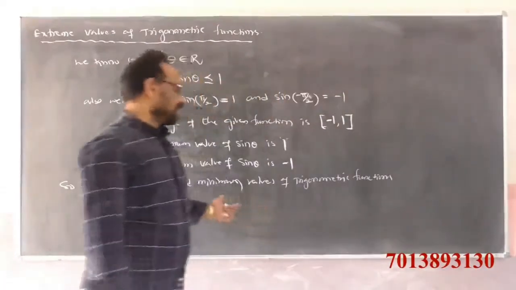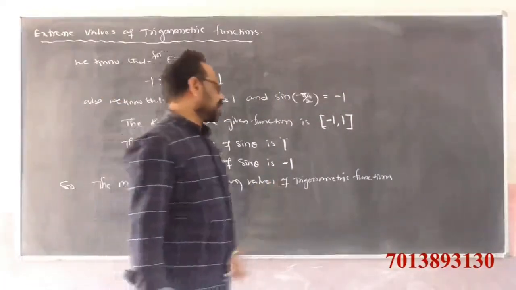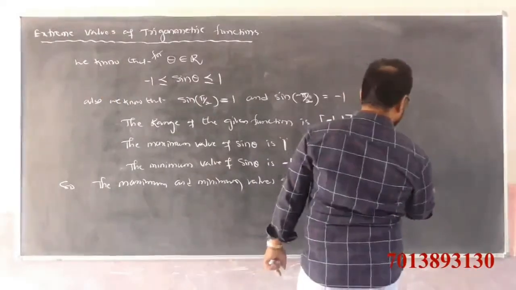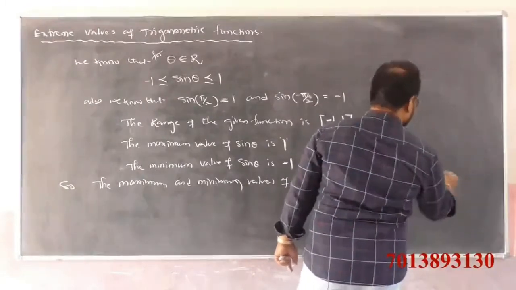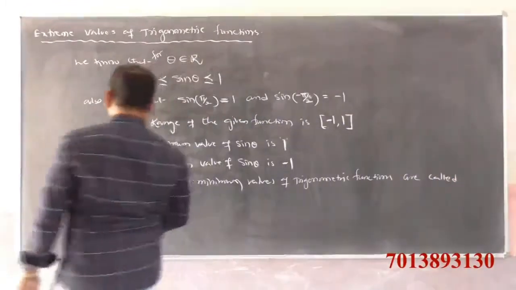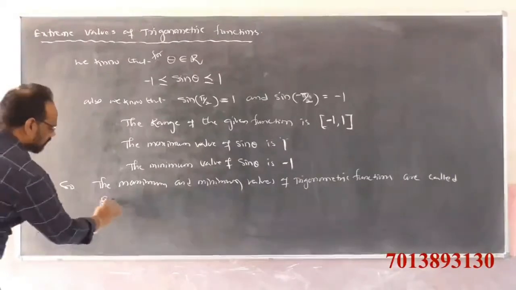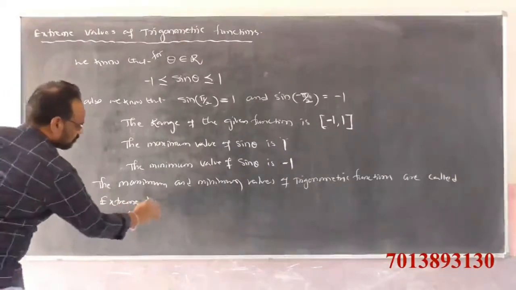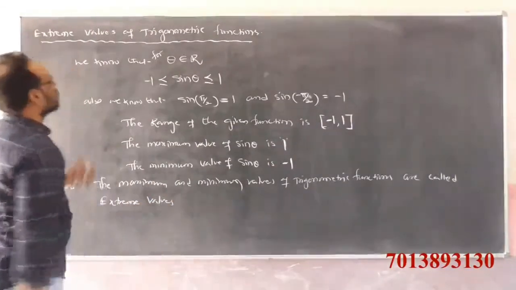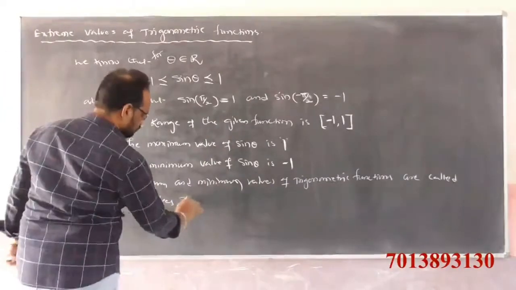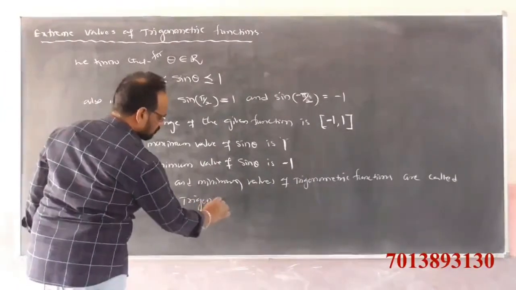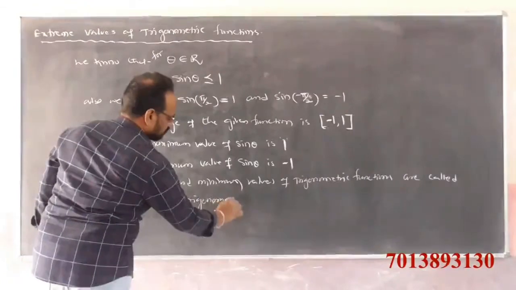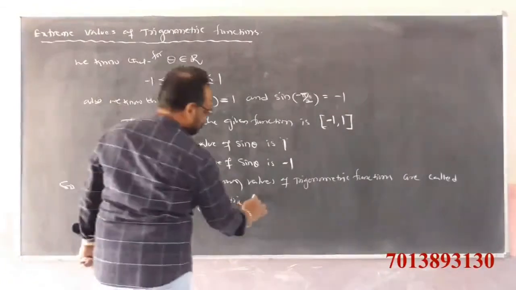The maximum and minimum values of trigonometric functions are called extreme values of trigonometric functions.